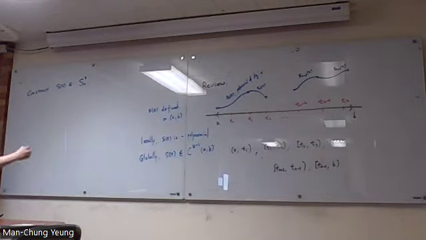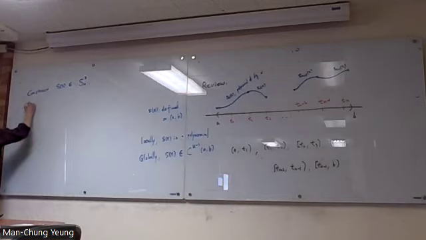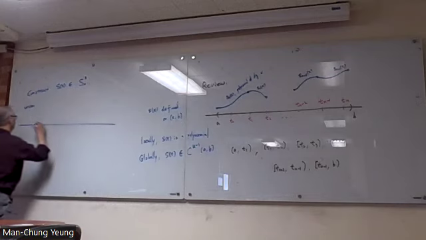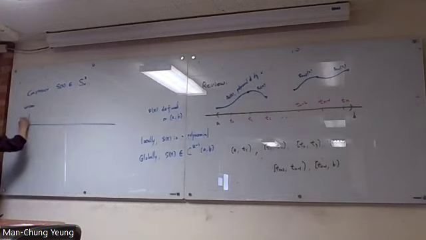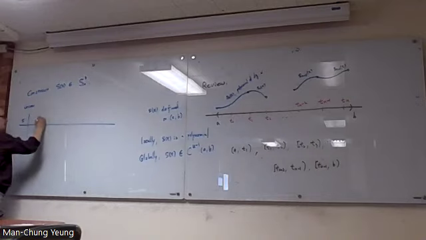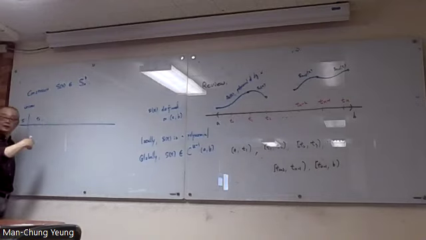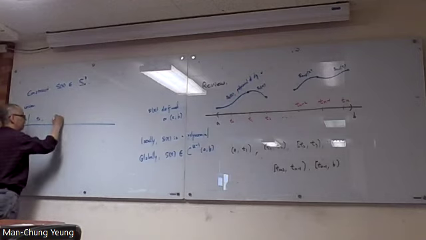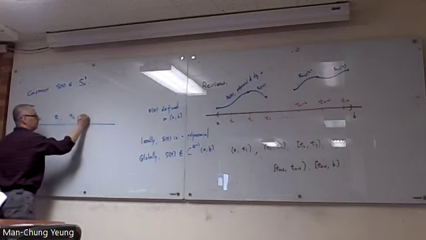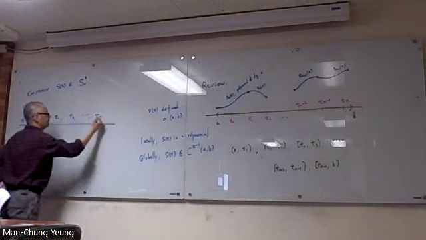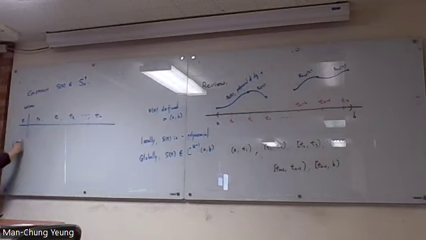Now given a table: T0, T1, T2, then Tn are given.